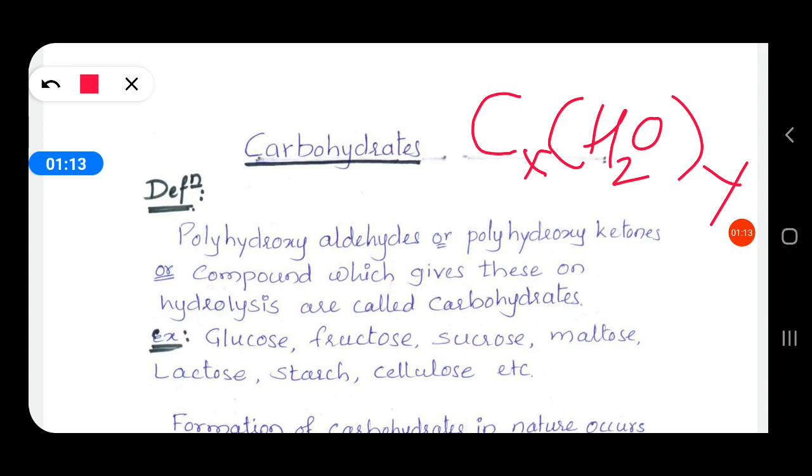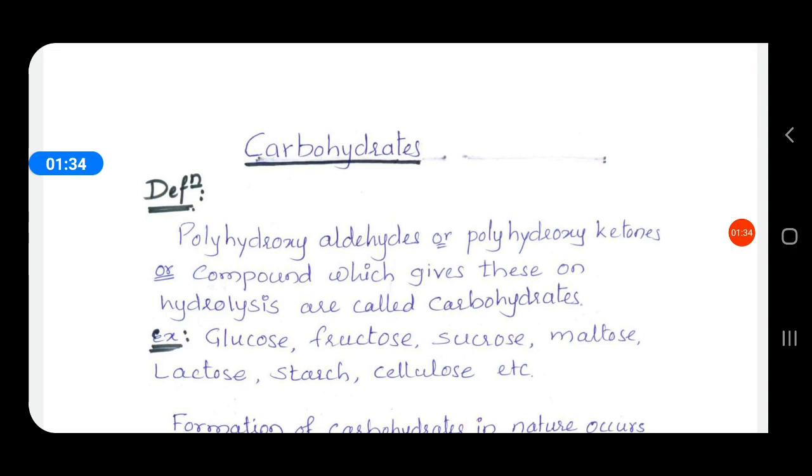They look like hydrates of carbon, so the name given was carbohydrates. But later, when other carbohydrates were discovered, it was found that the formula is not exactly like this.